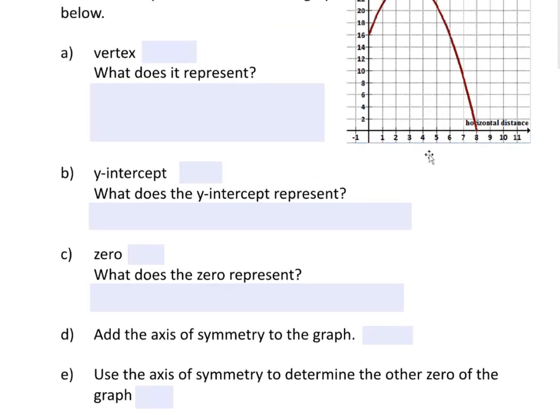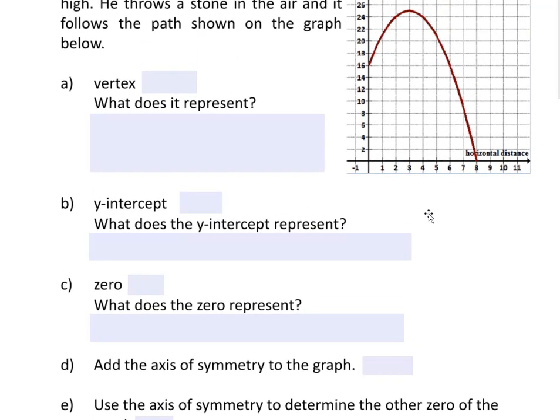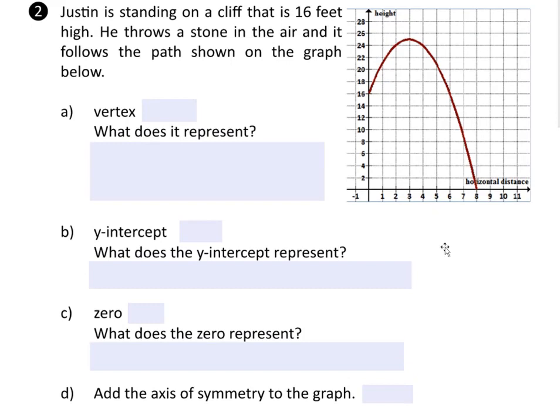Okay, this slide's a little awkward because I didn't feel like cutting it up was going to help. So I have this graph. Justin is standing on a cliff. It's 16 feet high. He throws a stone in the air, and it follows the path shown in the graph. The vertex. Well, we need to determine what the vertex is. If we look very carefully, we see that it is at 3 seconds.